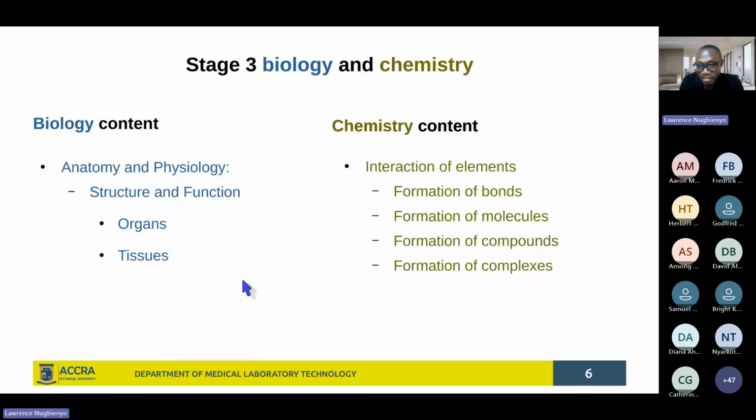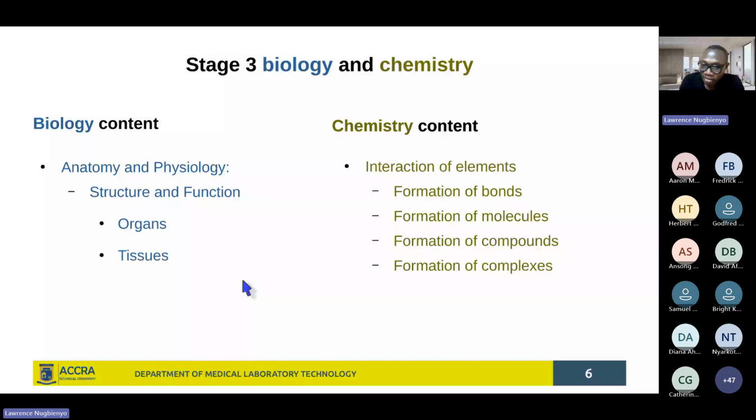At this stage for chemistry, you now start looking at interaction of elements, because you talked about the elements and then you looked at the atomic structure. Now you are looking at how these elements can begin to form bonds.